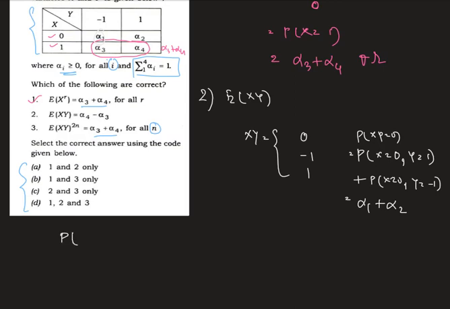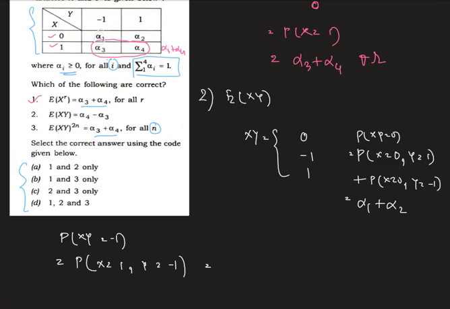Now next we have to find the probability xy is equal to minus 1. The product of the two random variables results in minus 1 only when x is equal to 1 and y is equal to minus 1. This is the only case.